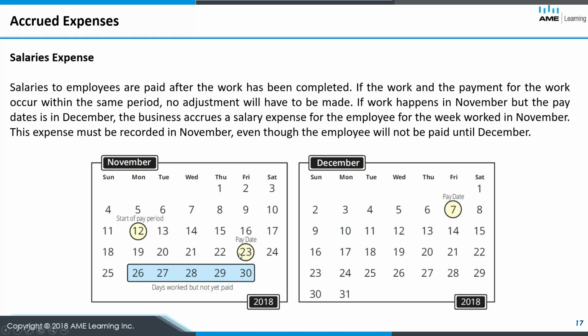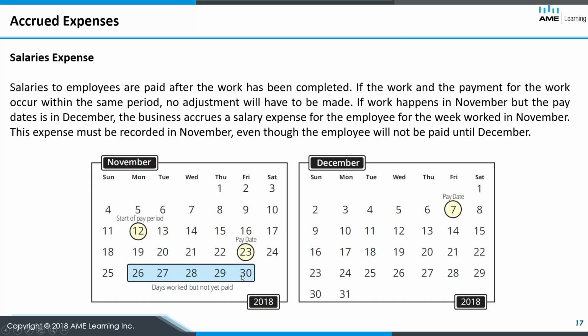And so after this pay date, now the employees start the next pay period, which begins on the 26th, and then you can see ends in the next month, the first Friday of the next month, December 7th, right? So here you've got 5 days in November that the employees have worked, but they will receive their pay on Friday the 7th in December.